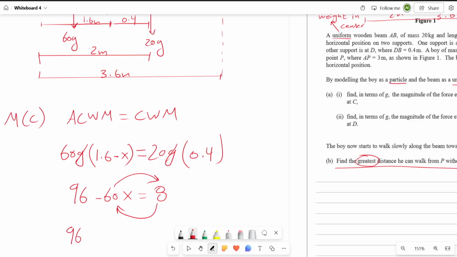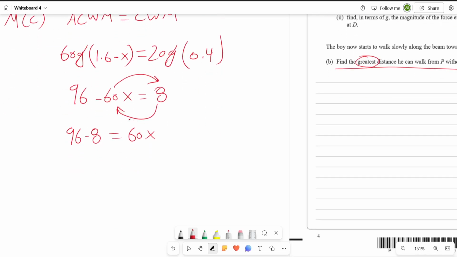It's going to be 96 minus 8 equals 60x. So divide both sides by 60. x is going to equal 96 minus 8, that is 88, over 60. So my x is going to be around 1.4667 meters. So now this is x.